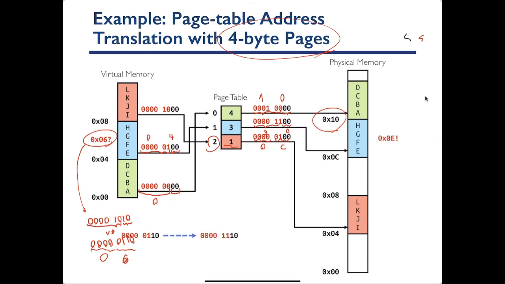Oh, I'm making a mistake. What was the mistake I made? Oh, sorry. So the mistake I made was this one is 8, so it should be this.